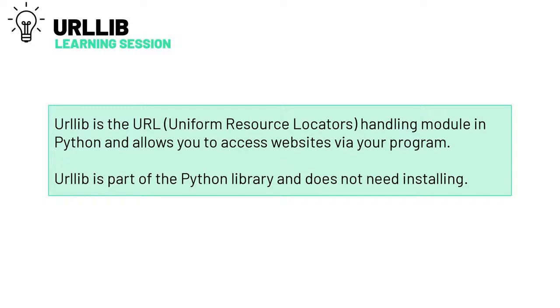But if you want to problem solve a bit more and work on your Python development skills, then definitely go for it. I'm going to send a few things, and it'll be really good for, for example, the other project as well. It's just good to expand your own knowledge and take as much as you can from this Python MOOC. Okay, so like we said, urllib is part of the Python library and it does not need installing either.